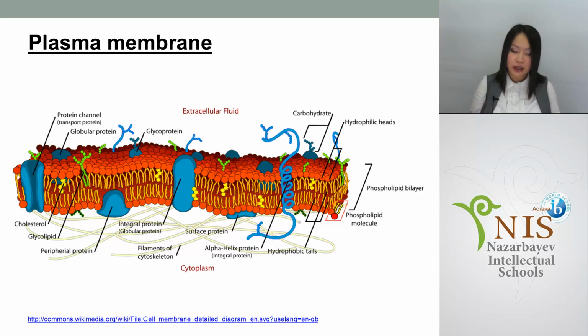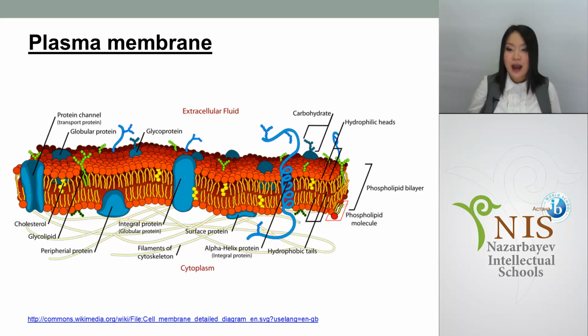If you look and try to find more information, you know that it has a phospholipid molecule. And this exact structure is very important because it has hydrophobic and hydrophilic sides. In this picture you could find it.